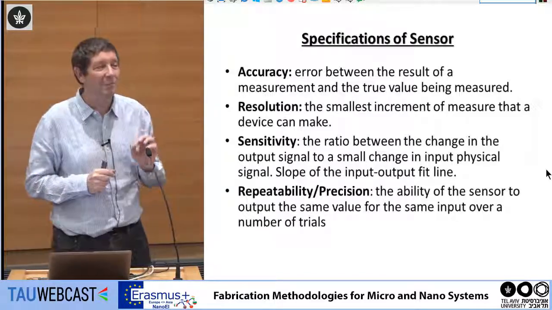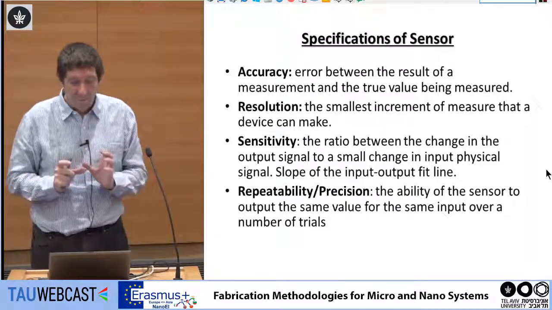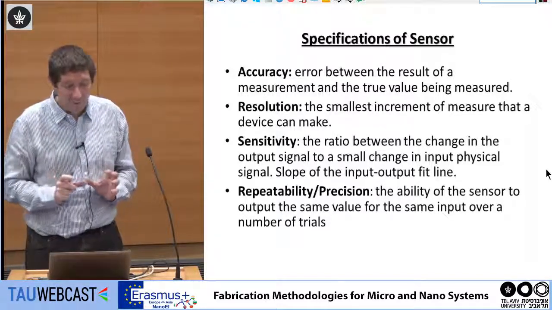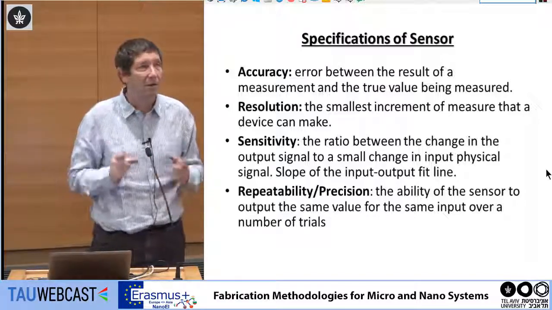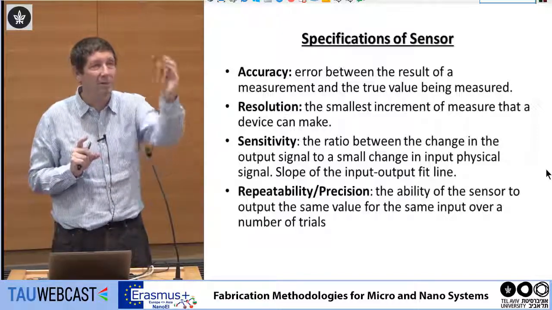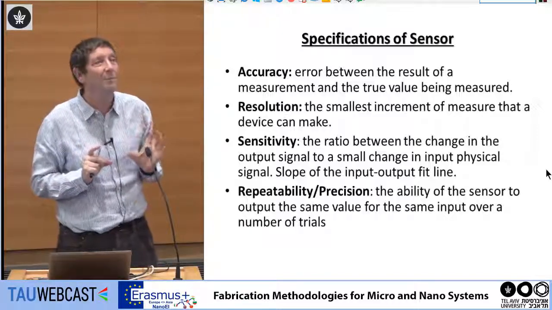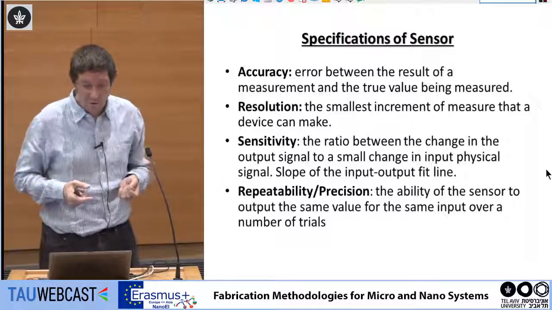And don't make the mistake: you have accuracy and you have precision. Precision is the ability of the sensor to output the same value for the same input over and over again. Accuracy is how accurate you are relative to what you want to measure, and how precise you are, the definition of precision, is like repeatability.